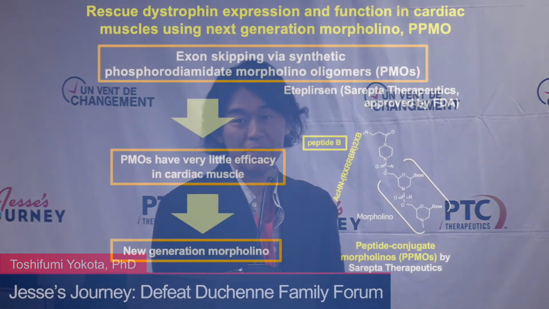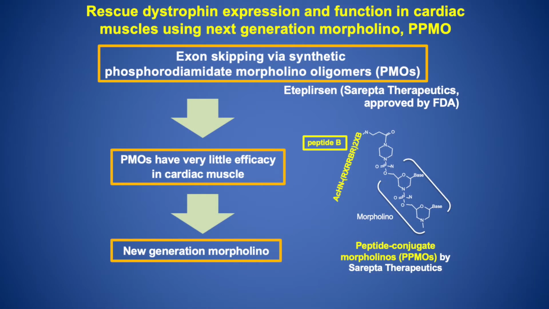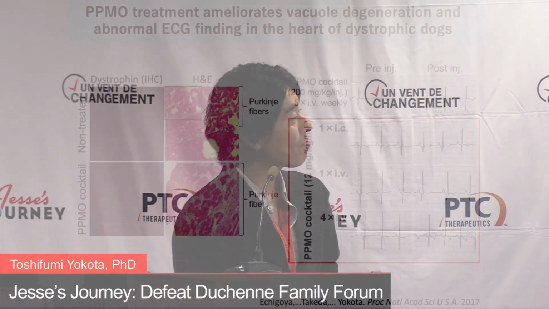We received cell-penetrating peptides from Sarepta Therapeutics several years back. So antisense oligos are conjugated, so connected together with the peptide here. So this can enhance the cell penetration to the heart muscle.